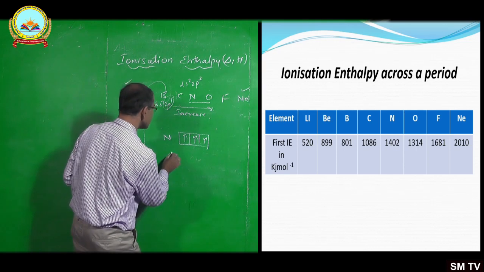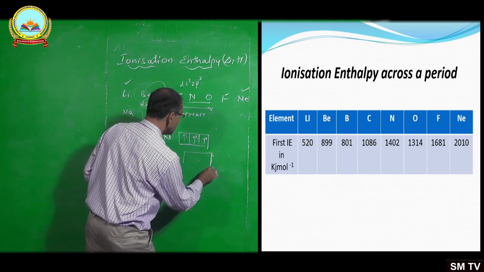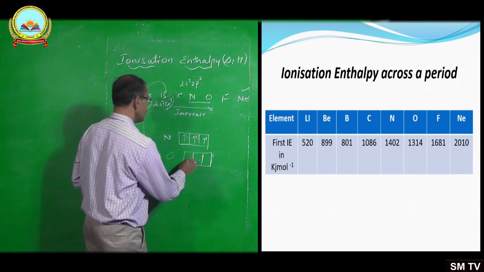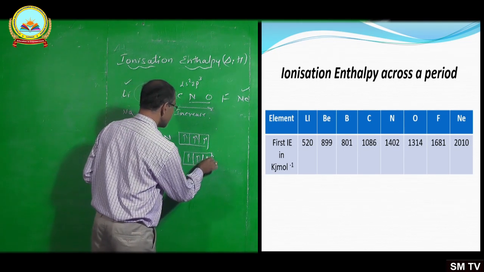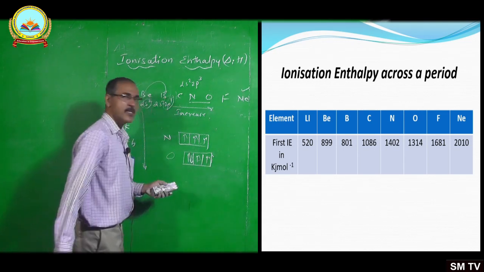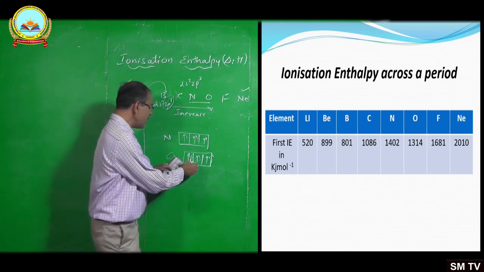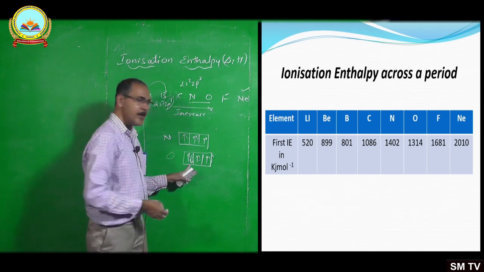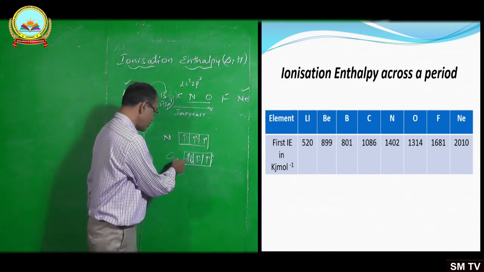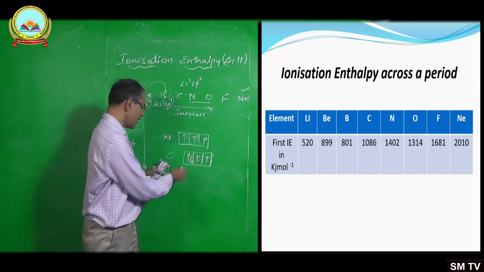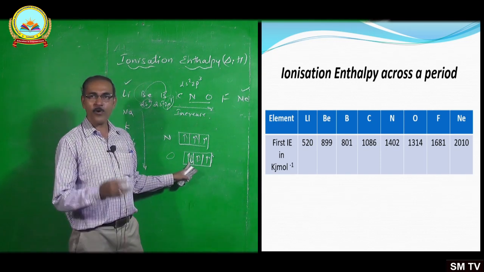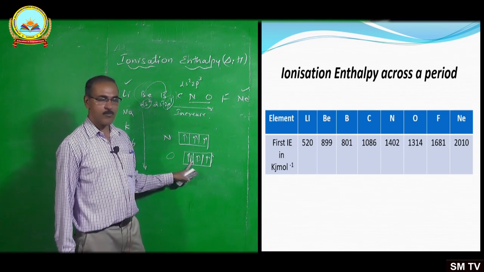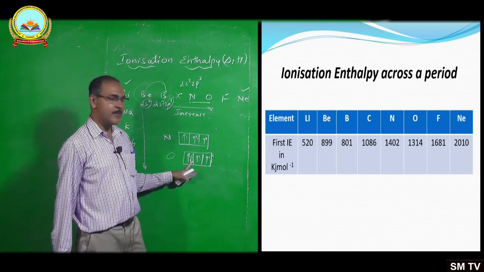Then you go for oxygen. So, 1, 2, 3 and 4th electron is there. So, here the 4th p electron is paired, okay, and due to electron repulsion, removal of this 4th electron from the p is a little bit easier.